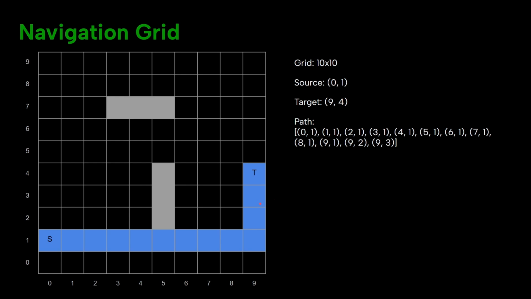In the representation of the navigation grid, it could be something like this. These are blocked areas, or non-walkable grid cells, and these are good to go, walkable cells.